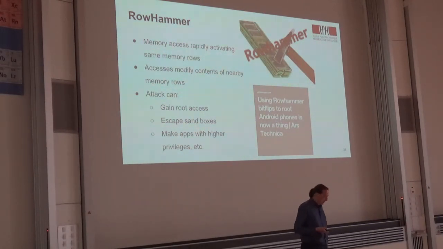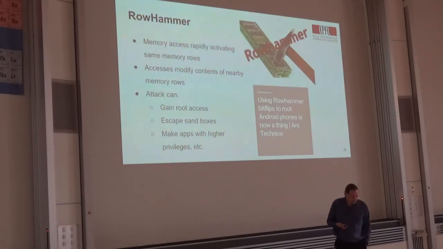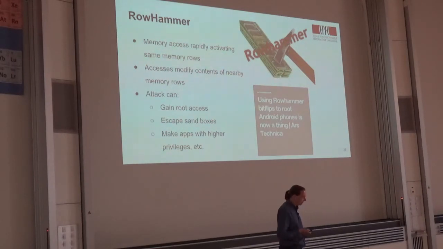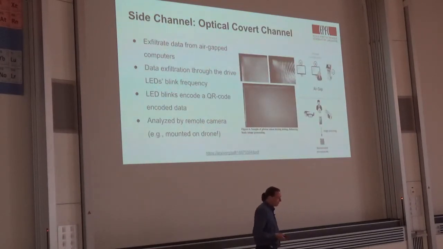So a successful Rowhammer attack doesn't even need to break out of the JavaScript sandbox into the browser. It just skips straight from the JavaScript sandbox to the kernel, which makes it particularly powerful if it's effective.